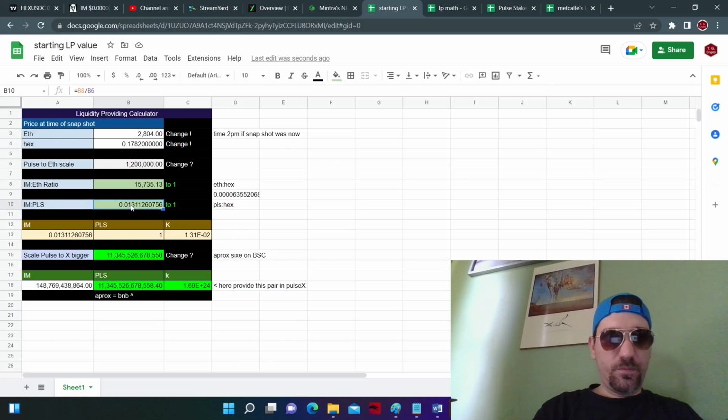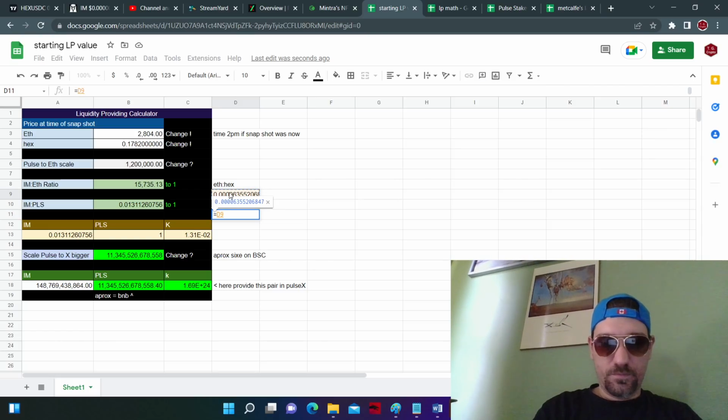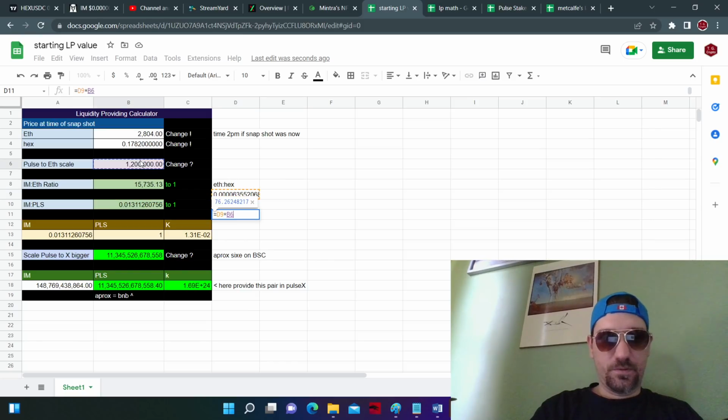So to do this, all we have to do, okay, in this case, we're going to be multiplying instead of dividing. So this is going to equal the ratio I just found out times the increase in supply.